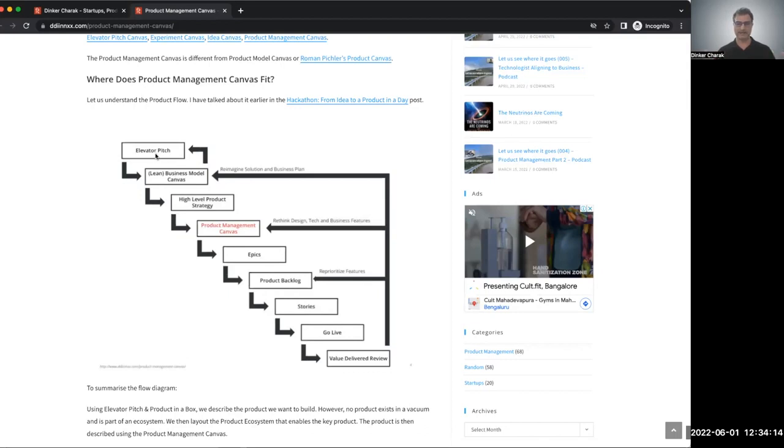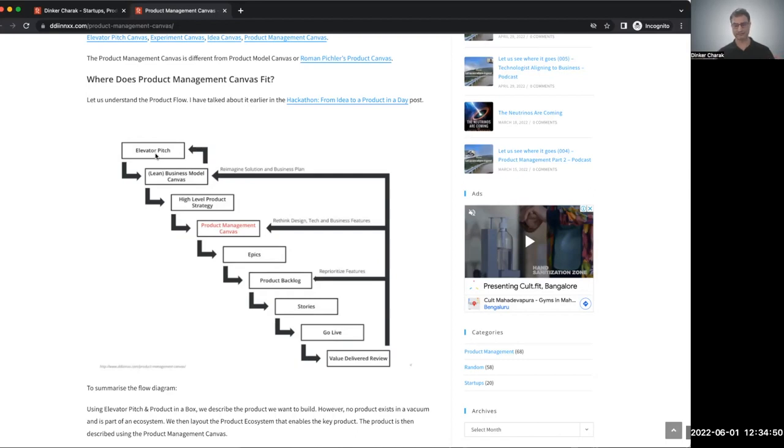The idea behind an elevator pitch is to get a very crisp articulation of what a product does. It can benefit from the idea canvas. And on top of it, once you have that pitch, as a product manager or a business team, you can use the product model canvas to experiment, record, and hence communicate about the business model with everyone else.